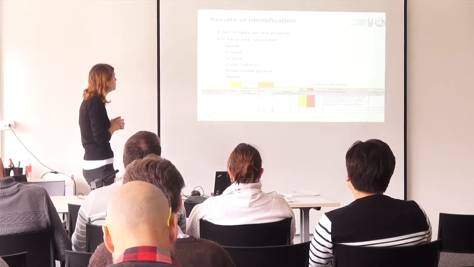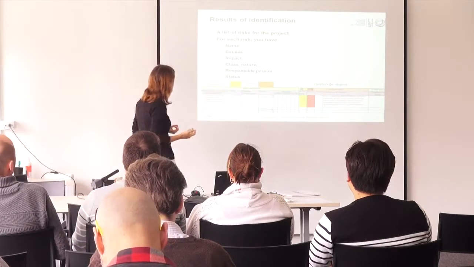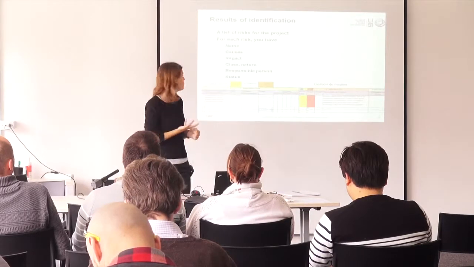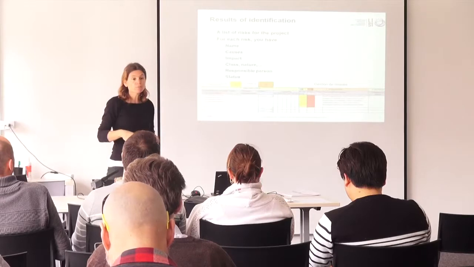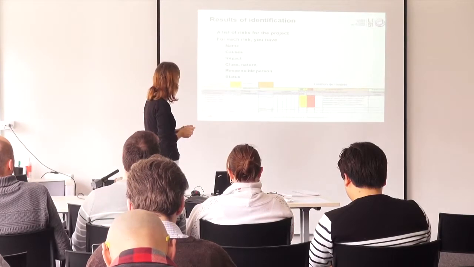The result of the identification is a list of risks, as we've said, and for each of them you could have a name, a description of the cause of that risk, the impact of that risk. You can try to have some classification, nature, categories of the risks.